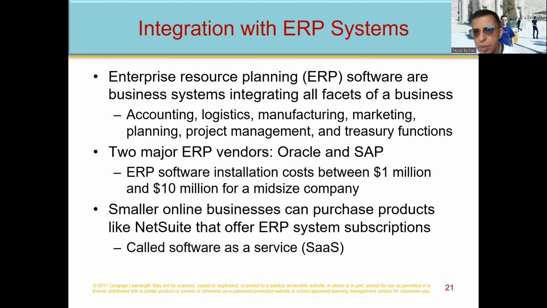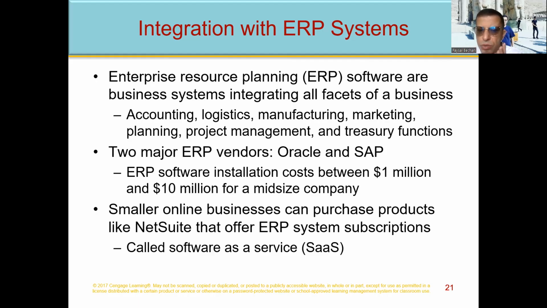Integration with the ERP system. Enterprise resource planning, or ERP, software is a business system integrating all facets of a business, like accounting, logistics, manufacturing, marketing, planning, project management, treasury function, HR, and the list goes on.